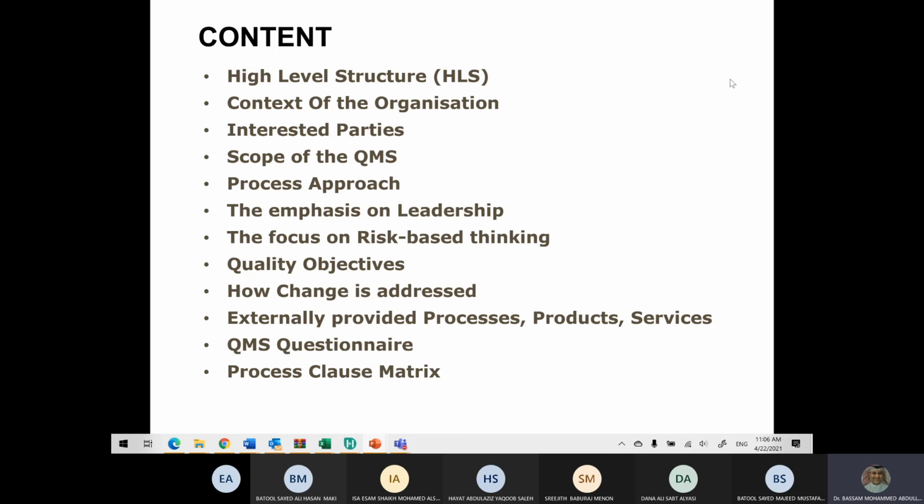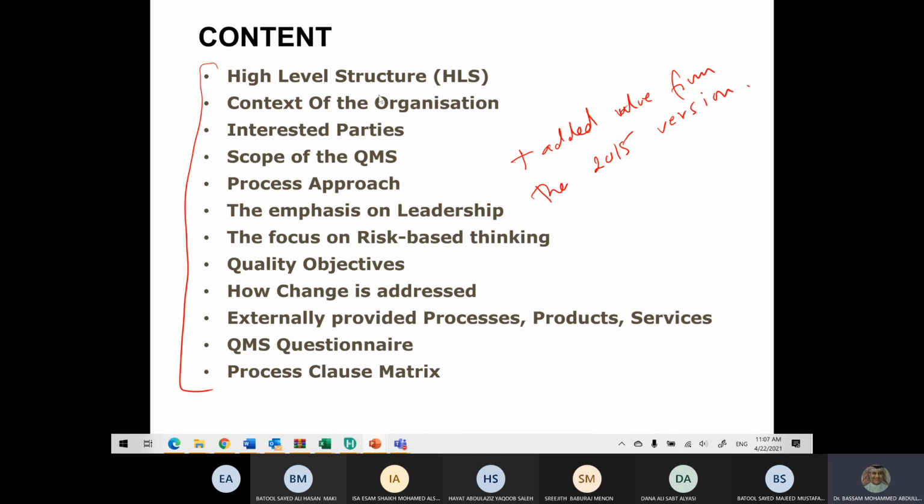Now, what you see here, the content, all what you see here is the added value from the 2015 version.